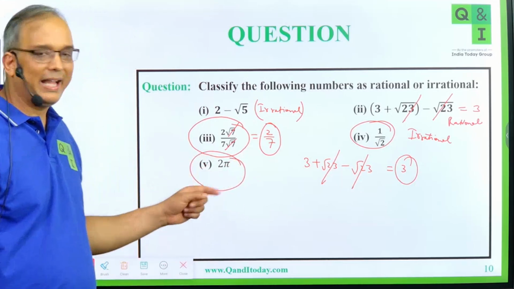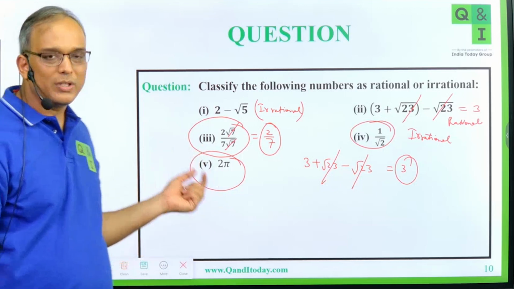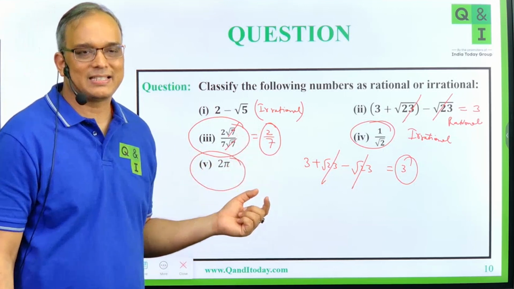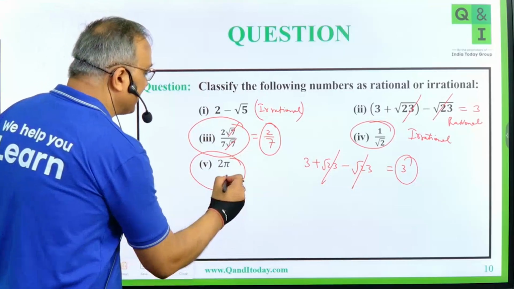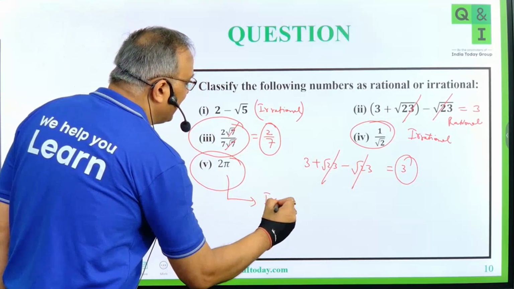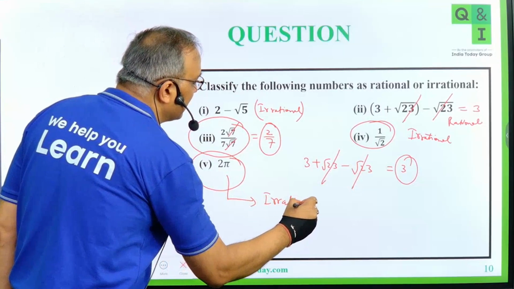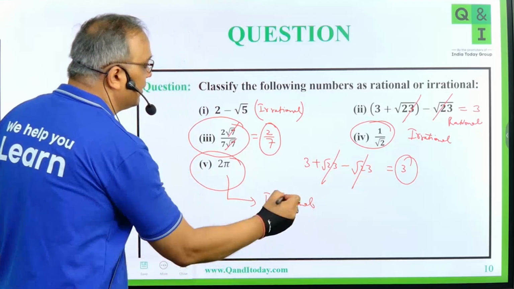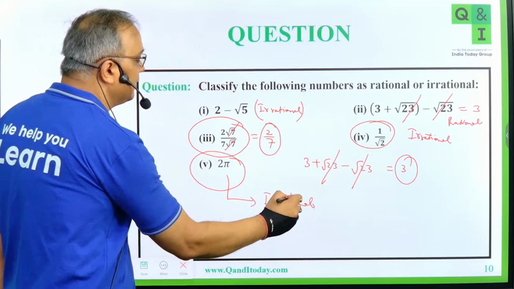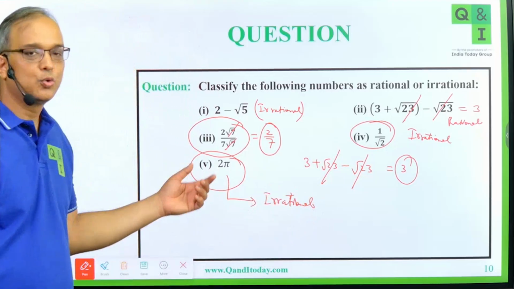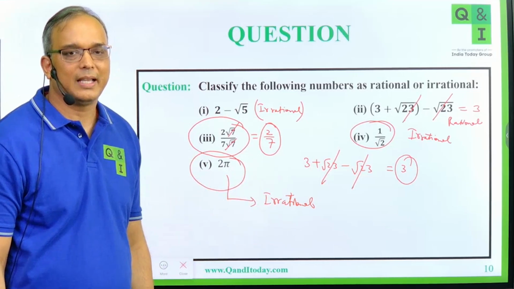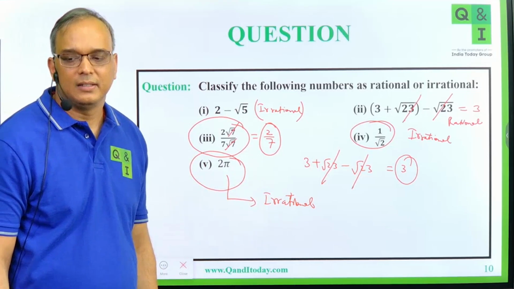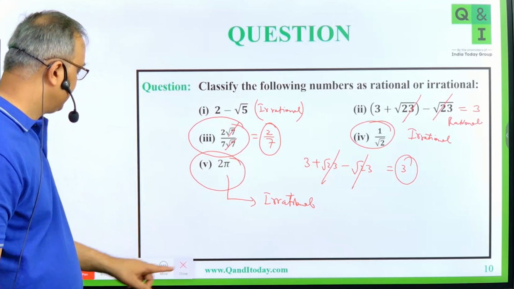Irrational number. Why? Because 2 is rational, pi is irrational. So if we multiply a rational with an irrational, the result again is going to be irrational. Is it clear? 2 pi is going to be an irrational number. Correct? Okay, let's go ahead.